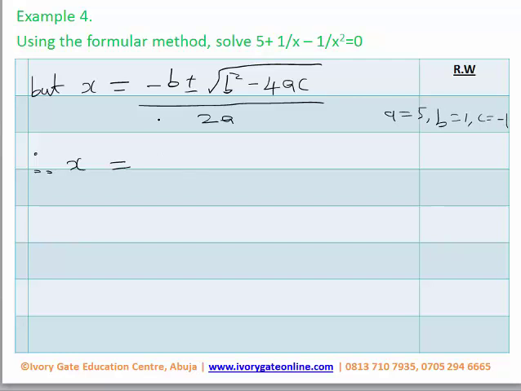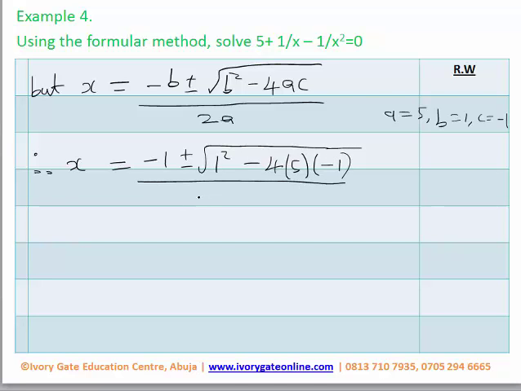So with this, minus b plus or minus square root of b squared, which is 1 squared, minus 4ac, a is 5, c is minus 1, all over 2 times a, then a is 5.